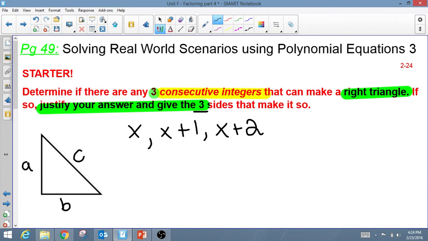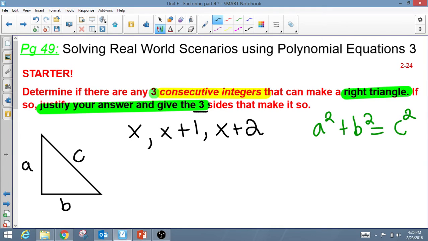Our goal is to get the 3 numbers, so we can use the formula that we use with right triangles, the Pythagorean theorem, which in case you forgot is a squared plus b squared equals c squared. So we need to plug those in.